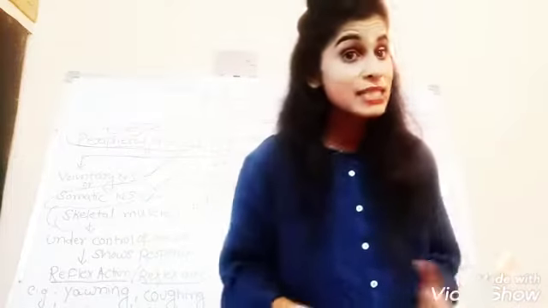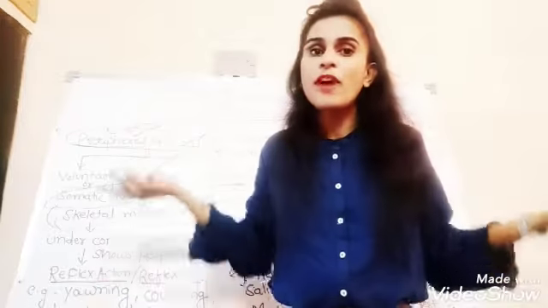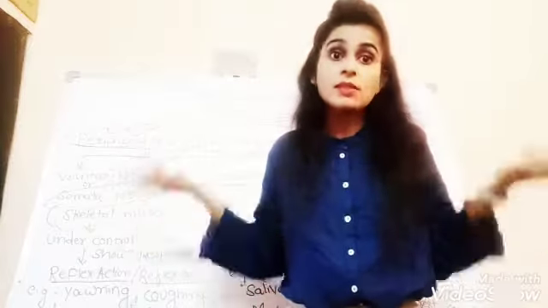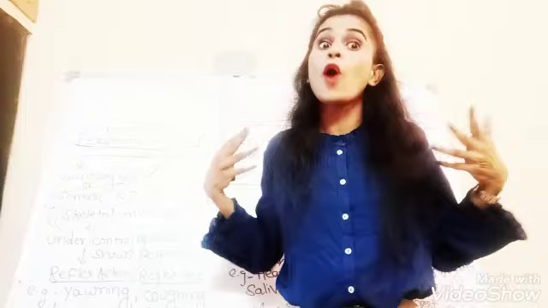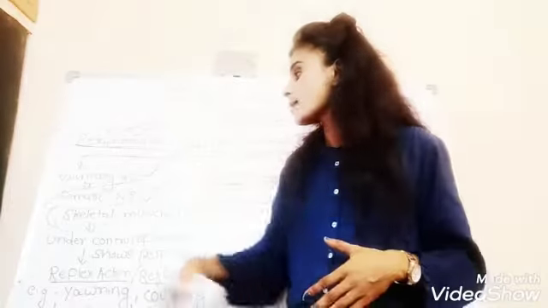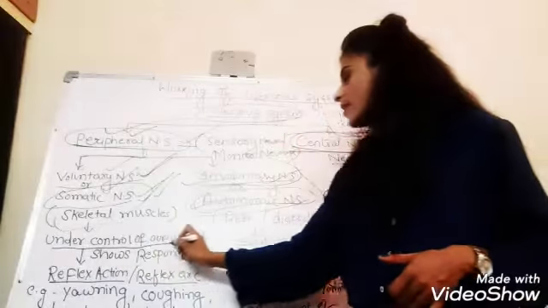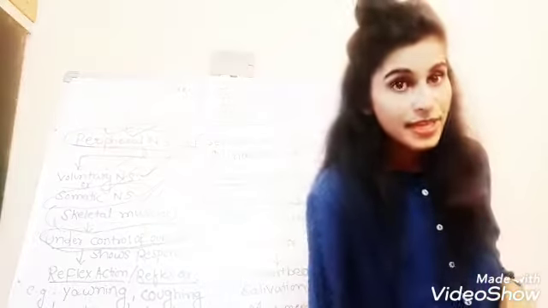What exactly is voluntary or somatic nervous system? It's under the control of our will. It's up to us, it's our choice. Voluntarily we are going to do it. Highlighted here: under the control of our will.